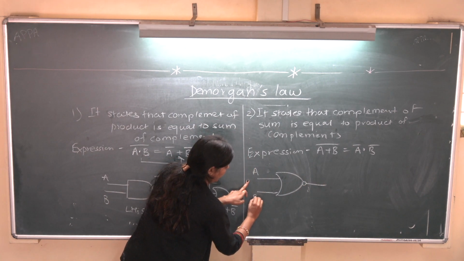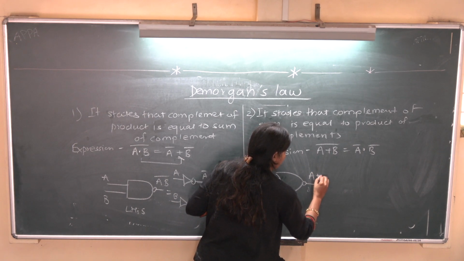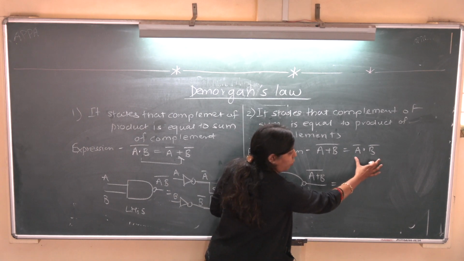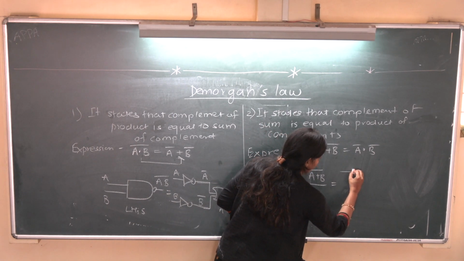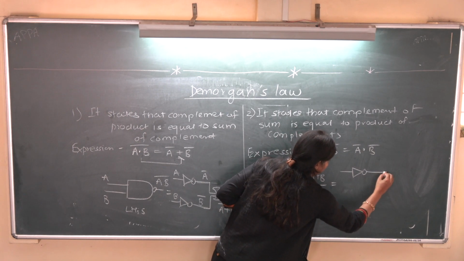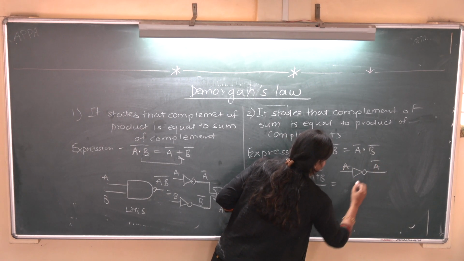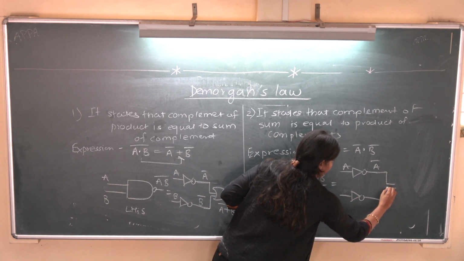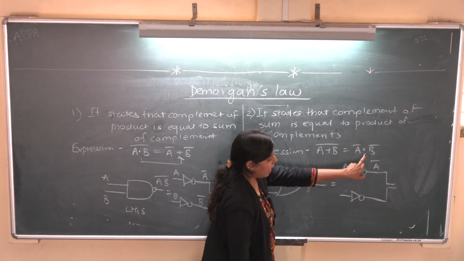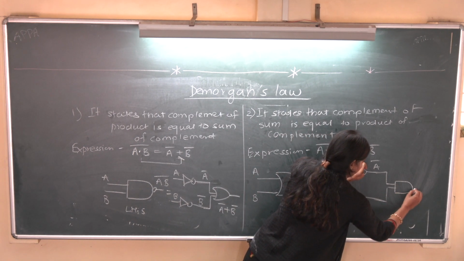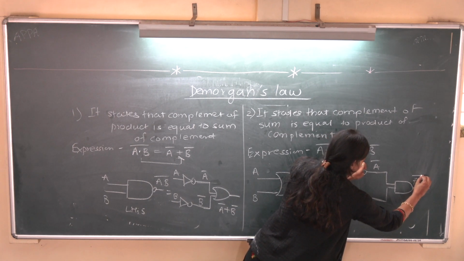A plus B whole bar is only the LHS. For the RHS, I am taking the same approach. NOT gates are used so that A becomes A bar and B becomes B bar, and the two inputs are connected, and for this product I am taking the AND gate. So, it becomes A bar into B bar.